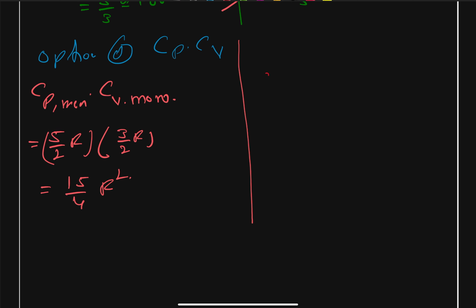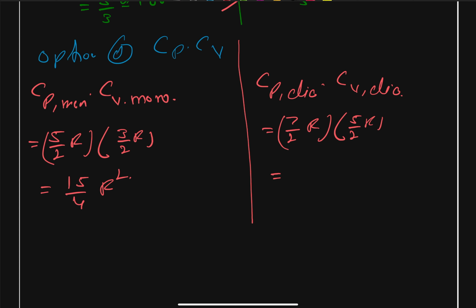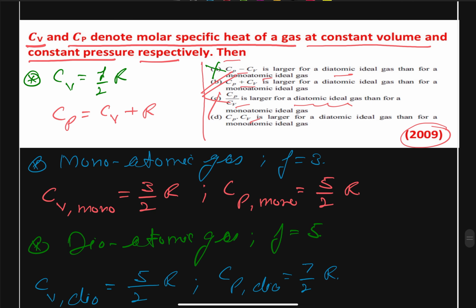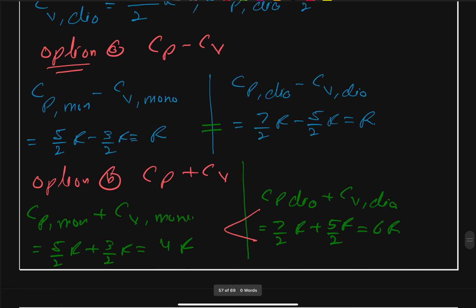And then Cp of diatomic multiplied by Cv of diatomic comes as 7/2 R and 5/2 R, which gives us 35/4 times R squared. So this portion is greater, and therefore option D is also correct.